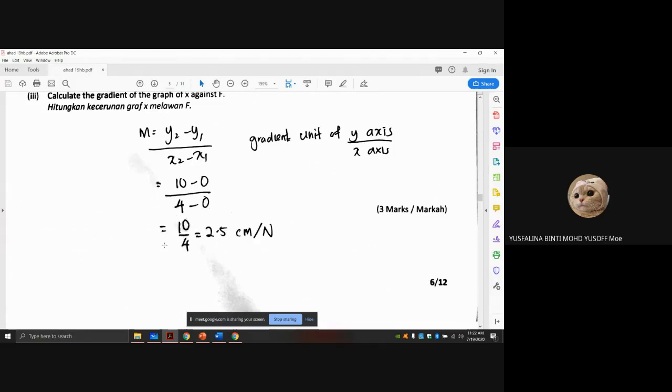Be careful with this one. Many of you, when you calculate, especially the calculation questions, leave the answer in fraction form. It's wrong, cannot. In physics paper 2 or paper 3, you cannot use a fraction as the answer. So change it to decimal.